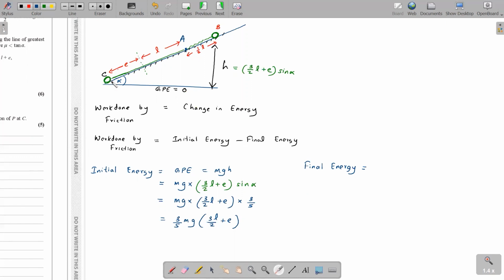The only thing we have here is that the string is stretched, and therefore we have elastic potential energy, found by the formula lambda x squared over 2L. Let's input the values.